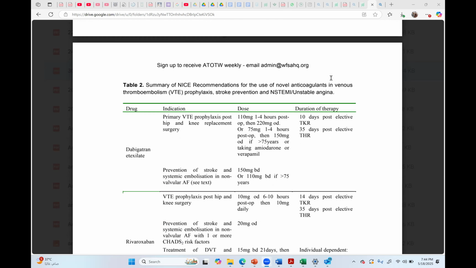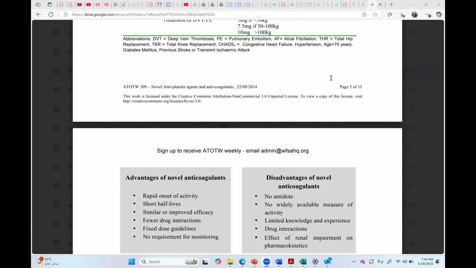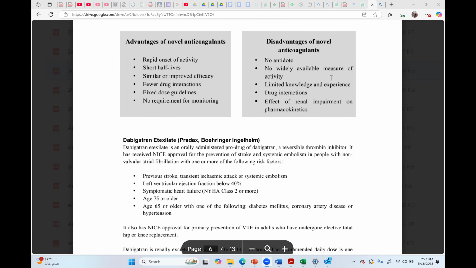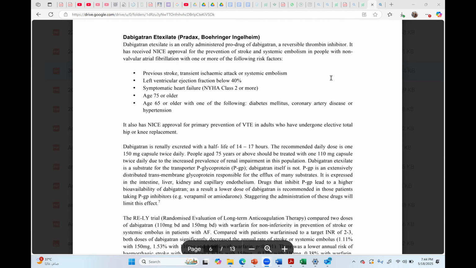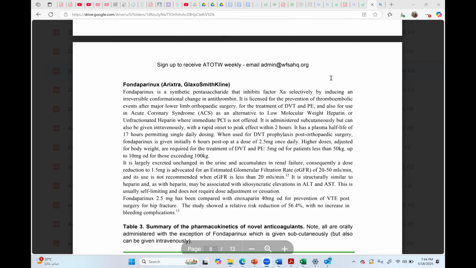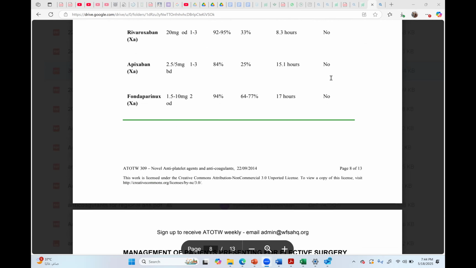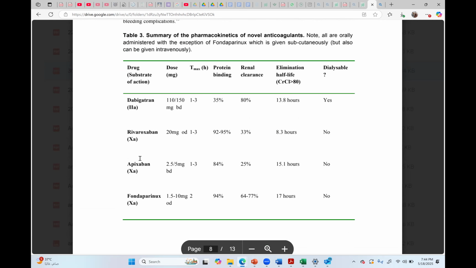So you will find here, you see about novel agents. Of course, this topic always initiates a vomiting reflex in me, so pardon me for that. I'm just showing you another option, common medications.